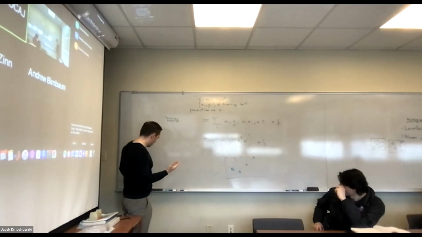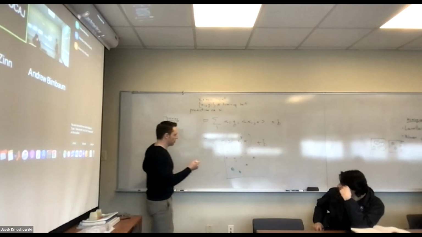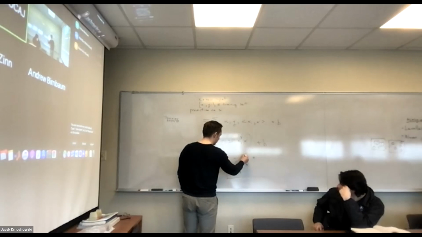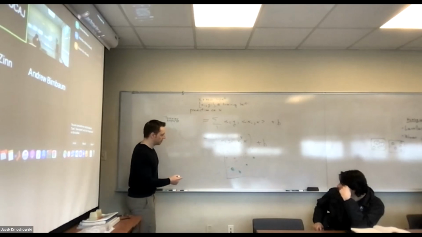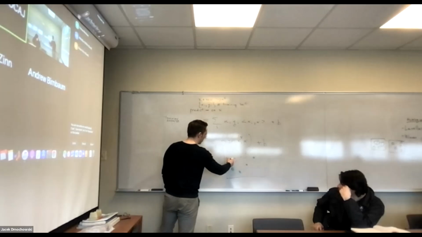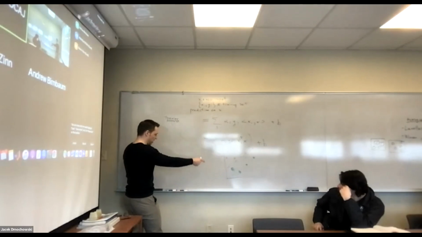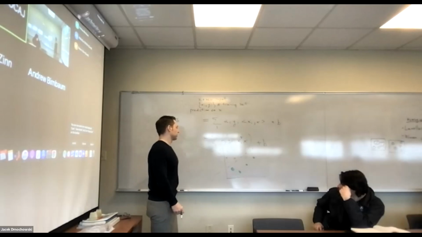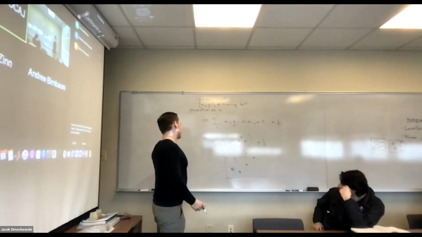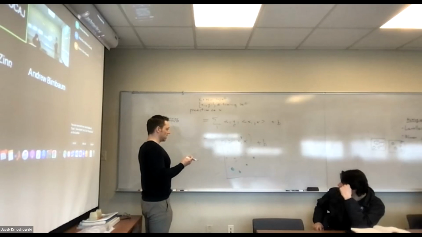Now a new data point comes in, and I'm going to say this is my new data point. I don't have a label for it yet. And I need to figure out which class I want to put it in, the orange class or the green class? Now ignore the hyperplane for now.